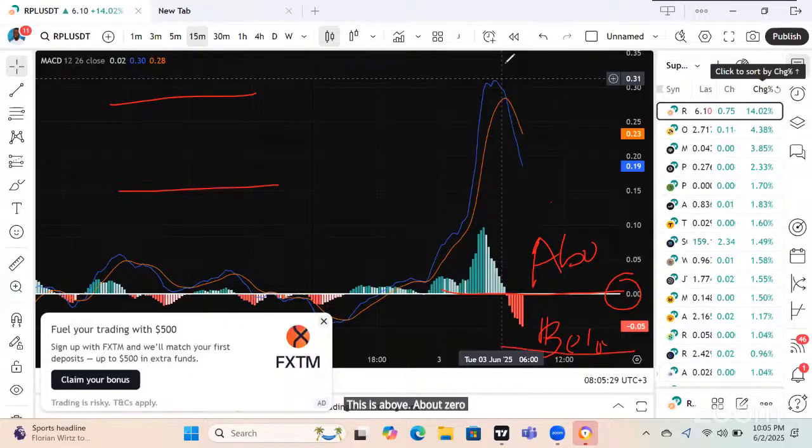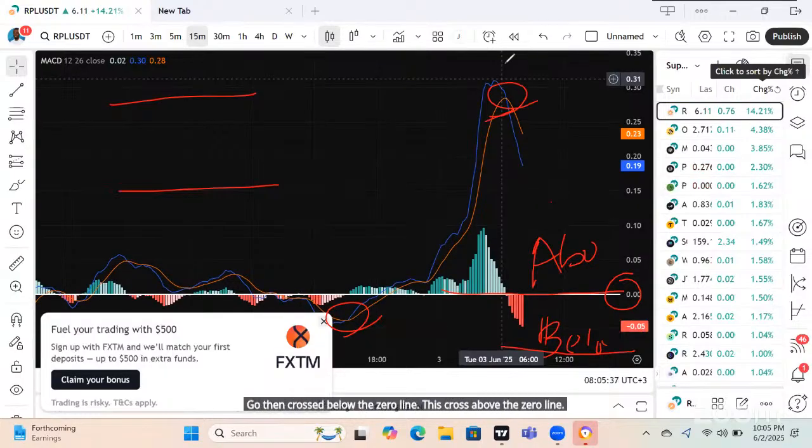This is below zero. Golden cross below the zero line. Death cross above the zero line. So here you can enter in spot. Here you can enter in futures. My lesson is done. I'm just asking a question. Is that doable?